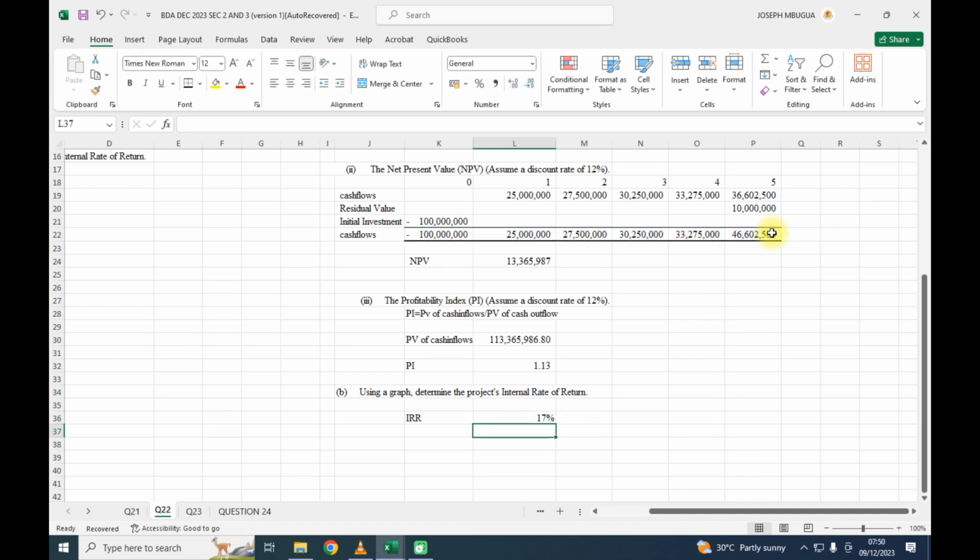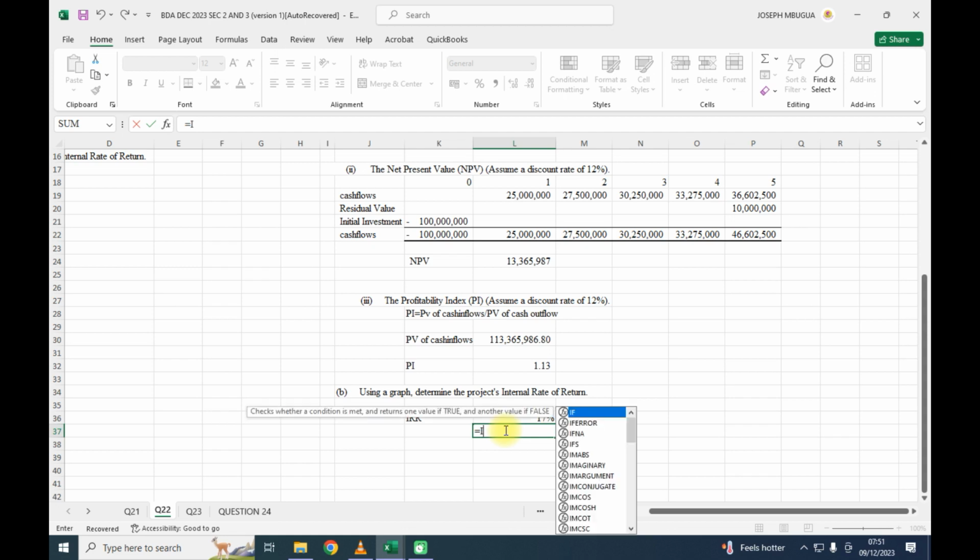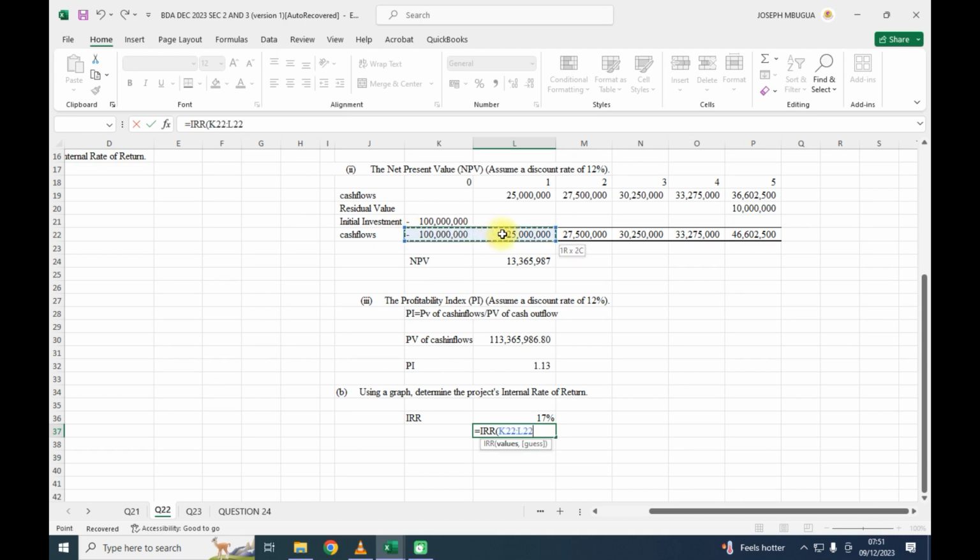So our IRR is 17%, because even if you use what we call a guess, I can do something else. IRR normally needs the values and the guess, so you can assume this as our values, and I put a comma.